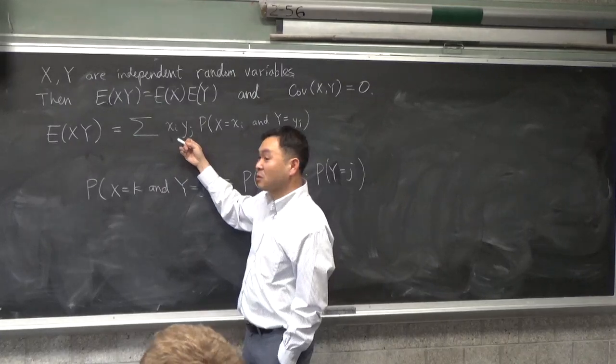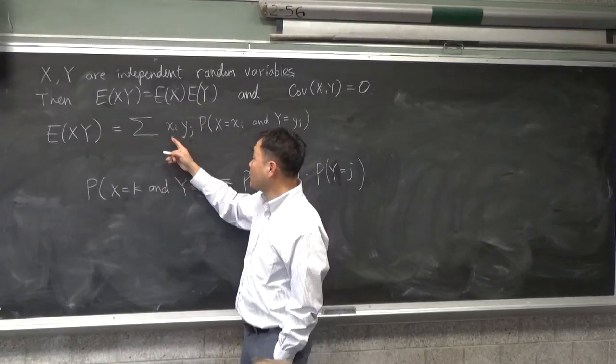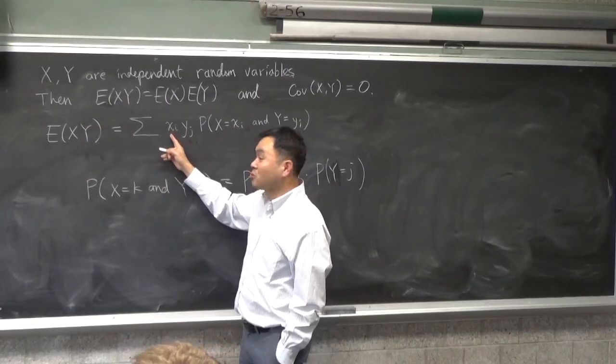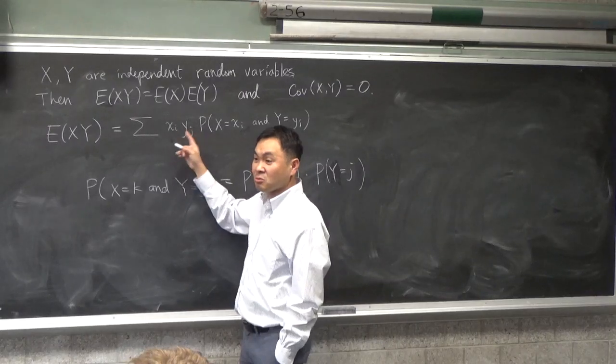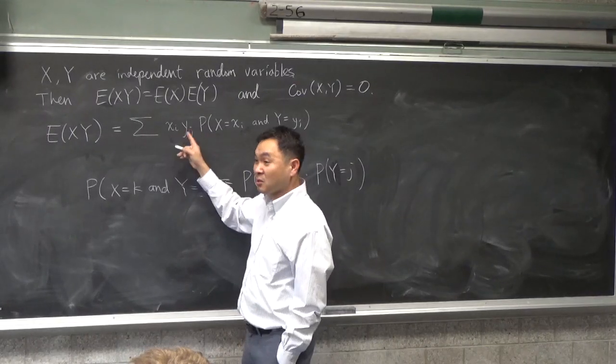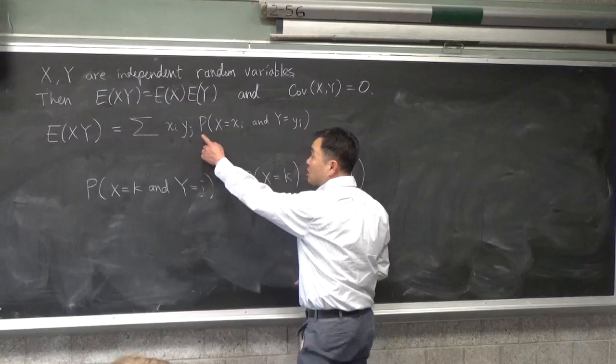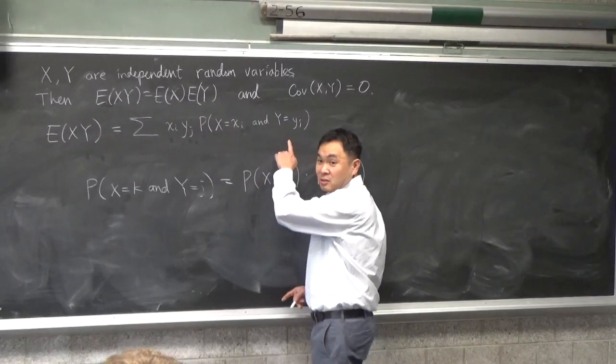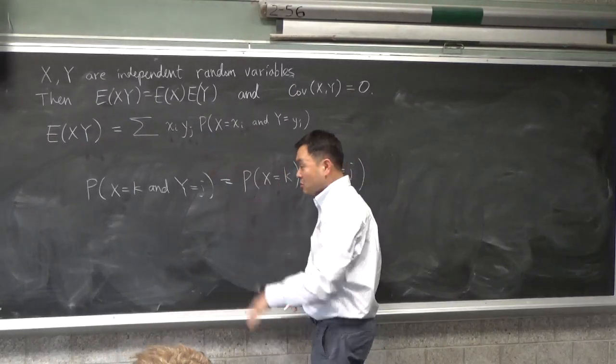And then now you have to do the heads. So 2 times 1, 2 times 2, 2 times 3, all the way until 2 times 6, and every time you do that, you multiply with the probability. That's what's being computed here.